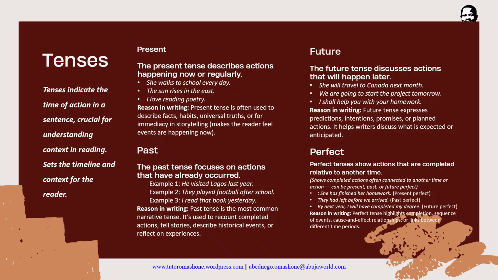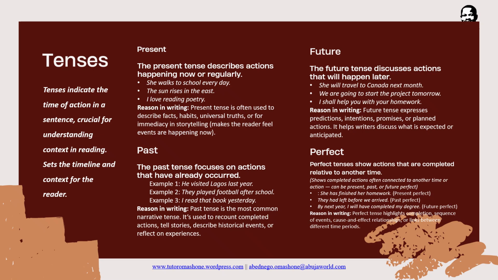And then we also have: she had left before we arrived. If you check this example, you see that we have two actions that happened in the past. The act of them leaving happened in the past.